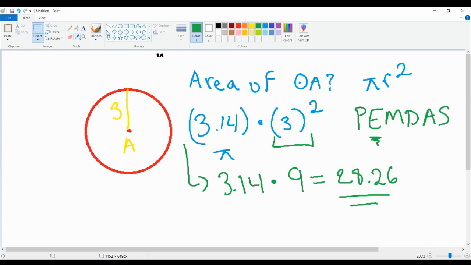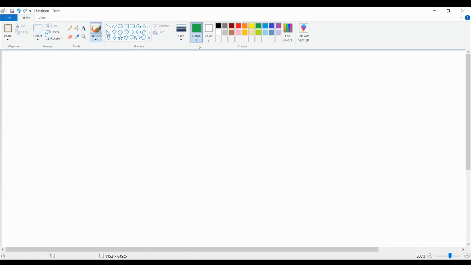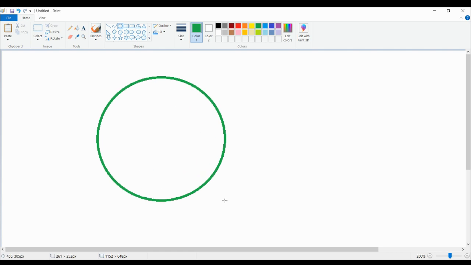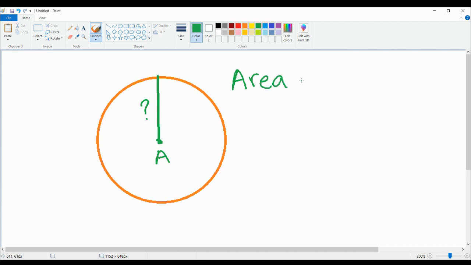So let's try another example. This time we'll make it a bit harder. Let's say this is point A again, and you have a line that originates from here and goes to point A. What you are asked to find is the radius given the area of circle A. We'll say it is approximately 34.50.